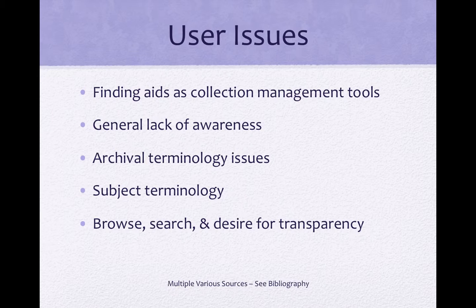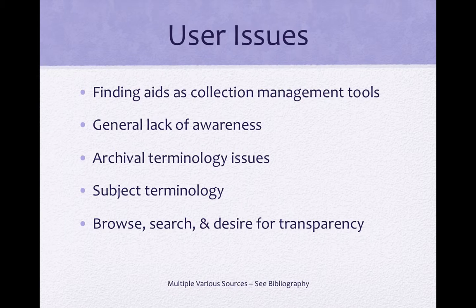Subject terminology also confused users, especially when they saw subjects listed in a finding aid, but they weren't linked to anything. They didn't really see the point. But really what they wanted was subject terminology. They just weren't stating it so explicitly. So they expressed this desire for being able to understand the aboutness of the materials in the finding aid, which we all know is subject terminology.